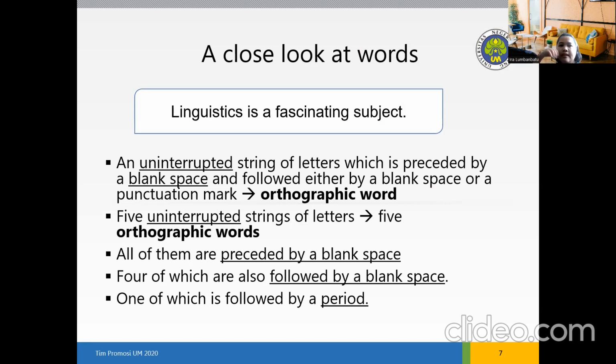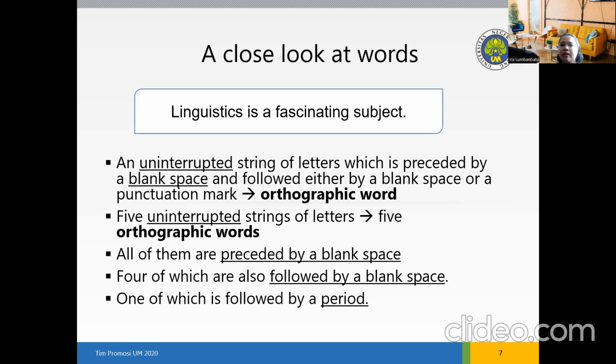Okay, now let's see the sentence provided in the box: Linguistics is a fascinating subject. Here we are trying to discuss orthographic words. Orthographic words refer to a word as it is written or spelled, particularly in terms of its correct arrangement of letters and characters.